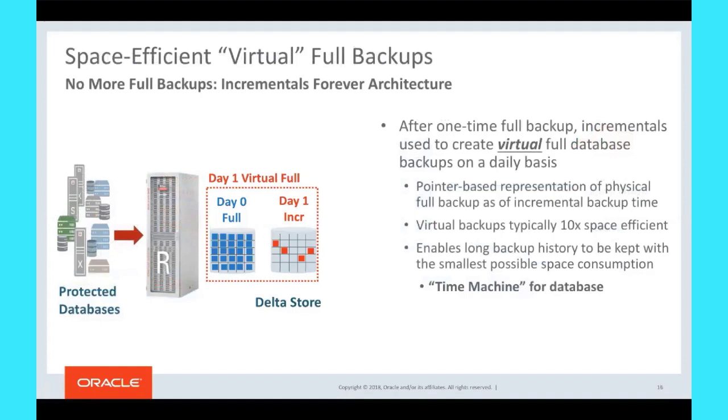The appliance creates what we call a virtual full. This is a metadata representation of the physical full backup as of the point of the incremental time. So you get essentially a new full backup known to RMAN, created automatically by the system without having to take a new full backup to begin with.